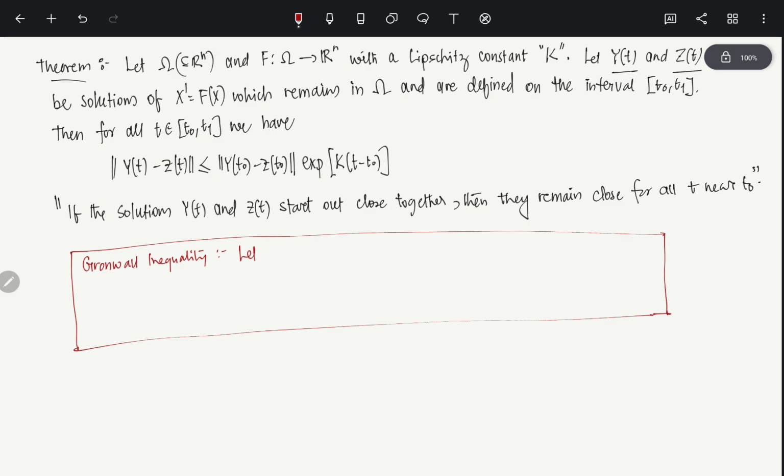Let's say that u from [0,a] to R be continuous and non-negative.